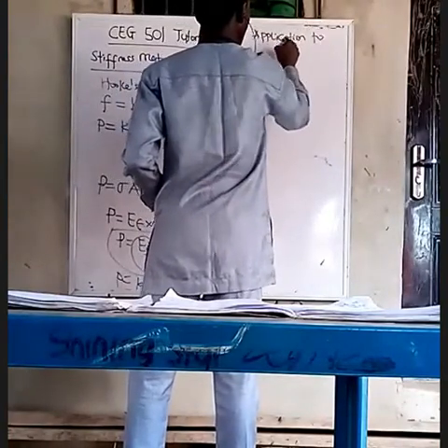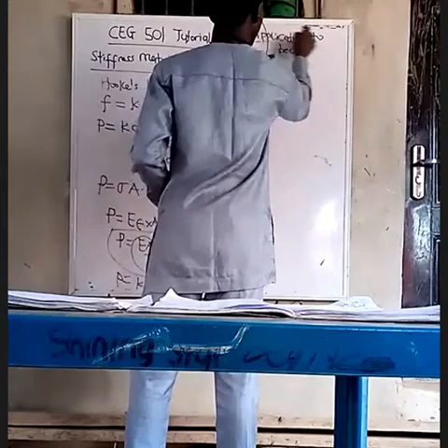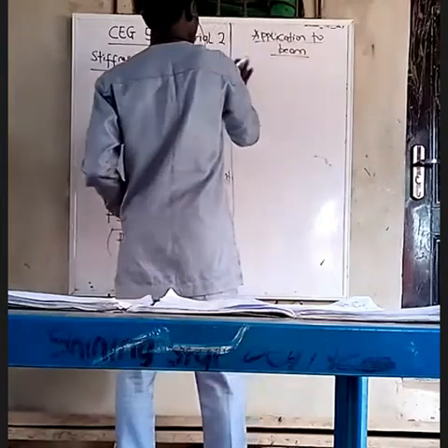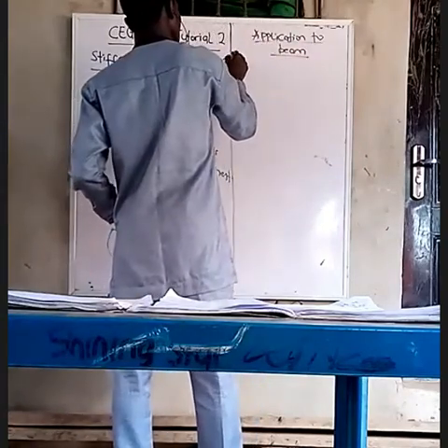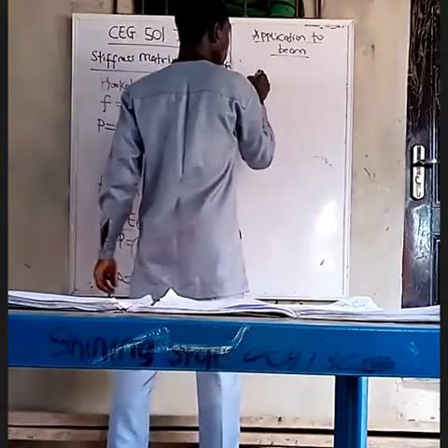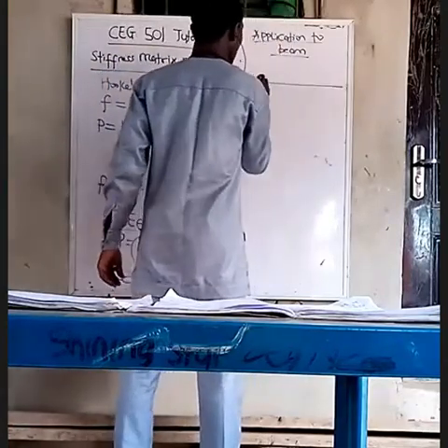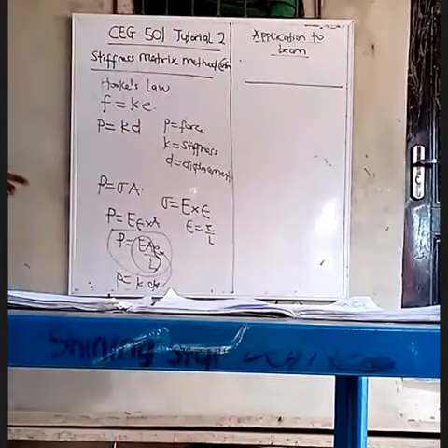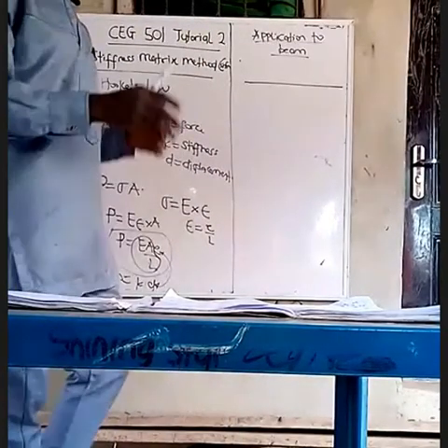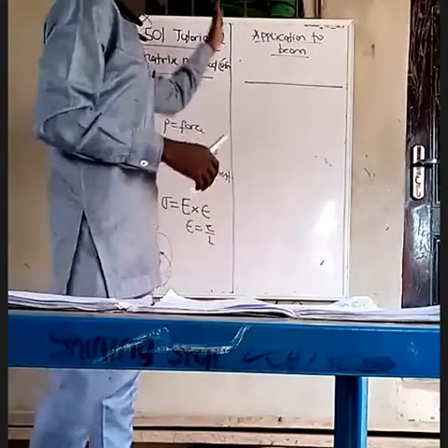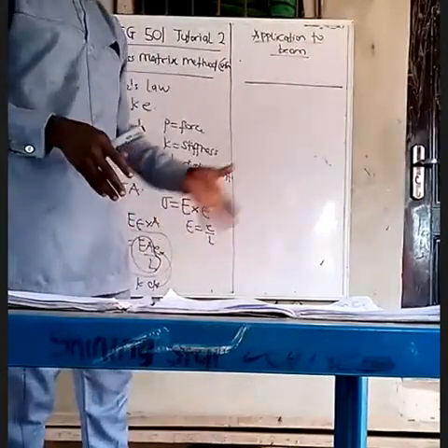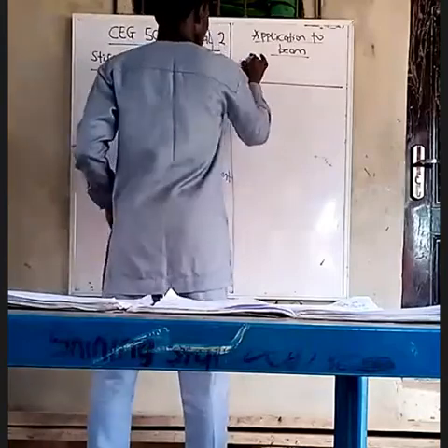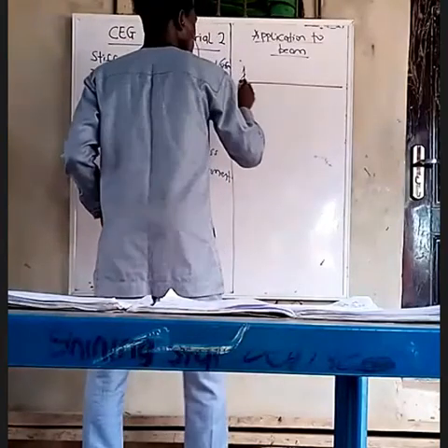So let's look at it for a beam now. We are applying it to a beam. Application to beam. If we have a beam member like this, the idea of this stiffness matrix method is that the first thing you should do is to clamp all the ends.